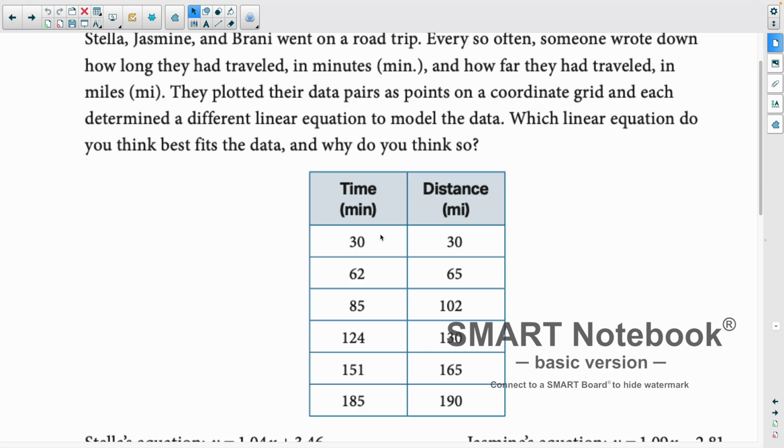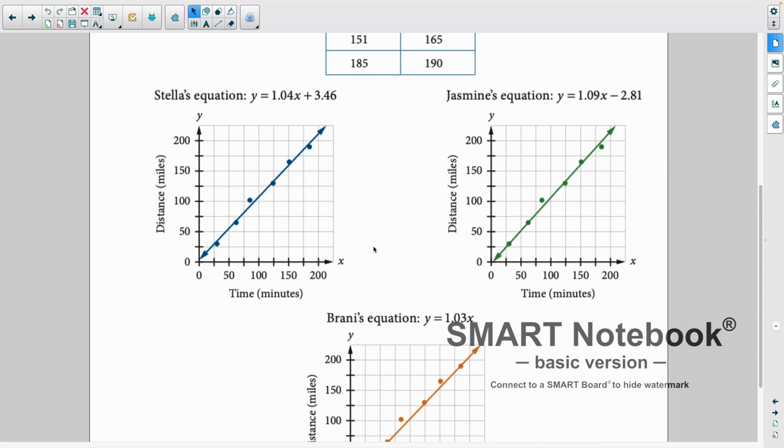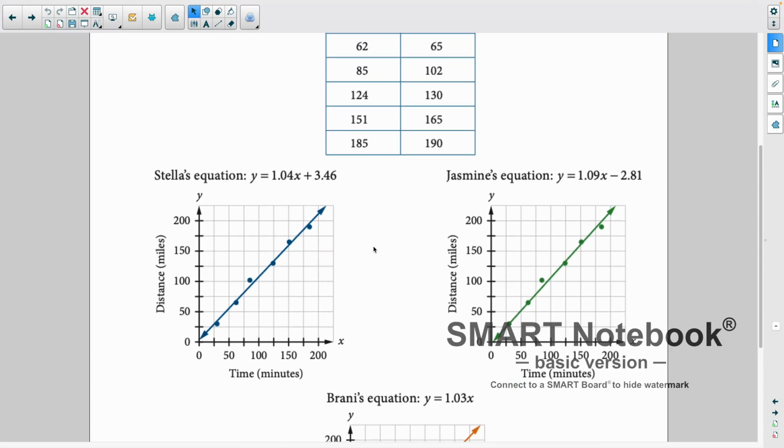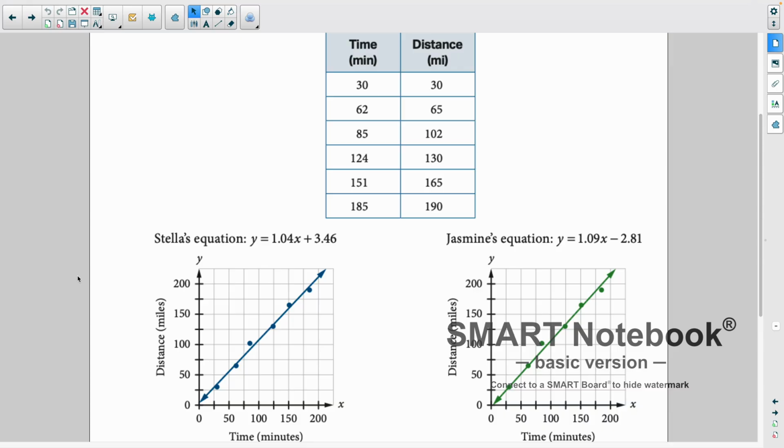Yesterday, on page 7 in our book, we went through here and I modeled for you, Stella, all right? We took the minutes that they traveled. All right? Need your attention. We took the minutes we traveled, we plugged it in, and we found the actual, or the predicted values over here.